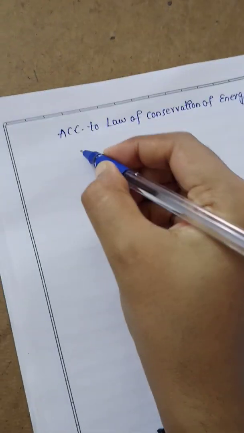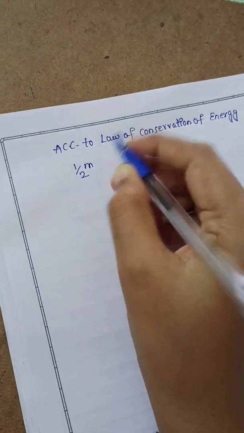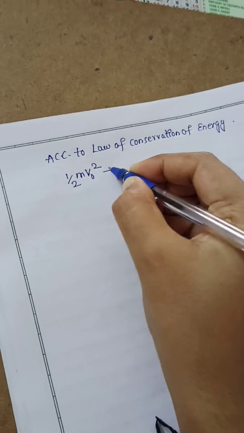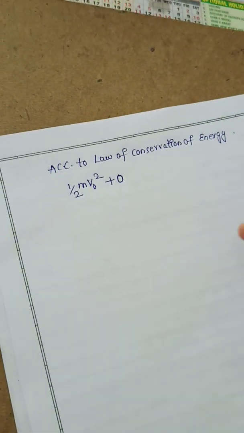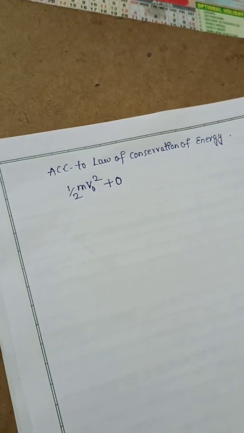Here E1 means the alpha particle energy, that is kinetic energy plus potential energy. The alpha particle kinetic energy is half m v naught square, plus in this case the potential energy is 0, because the alpha particle is traveling along the path with a 180 degrees phase shift, as I already told you.